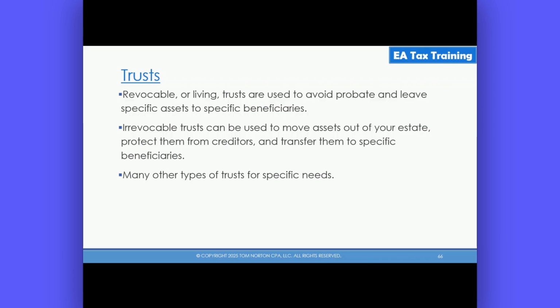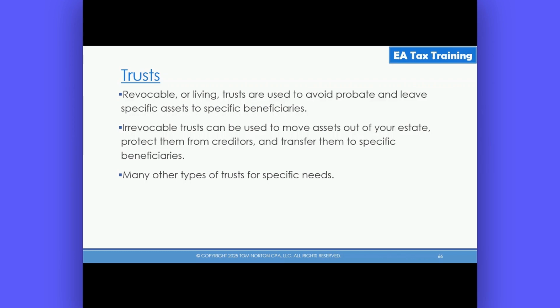And then you put your significant assets into the name of the trust. So you put your house in the name of the trust. You put your bank accounts in the name of the trust. You make the trust the beneficiary on your retirement plans, maybe even on your life insurance, et cetera, and so forth. Then when you die, all of the assets are owned by the trust.